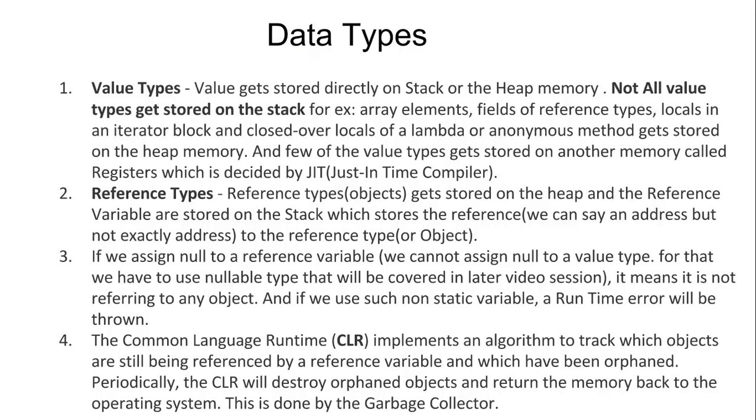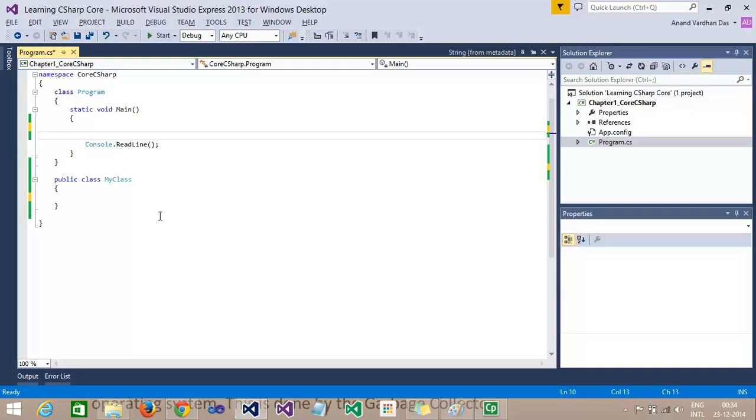Now we'll go back to the demo directly. Here we have a class called MyClass. Inside, suppose I have a variable, int i = 2. Now I'm going to write one statement, MyClass obj1. With this statement, what is happening?